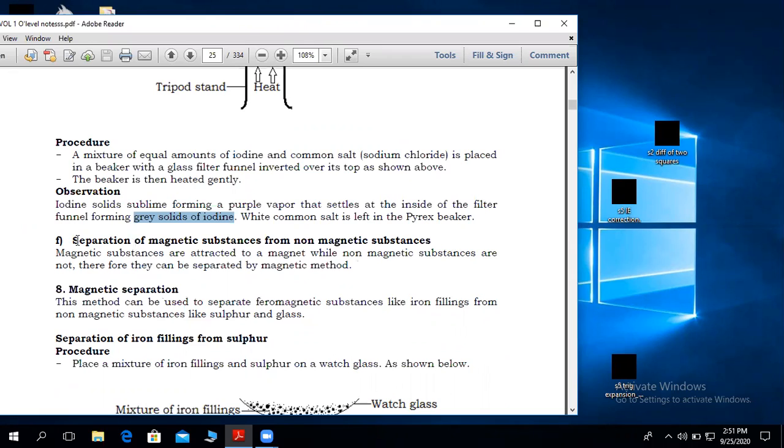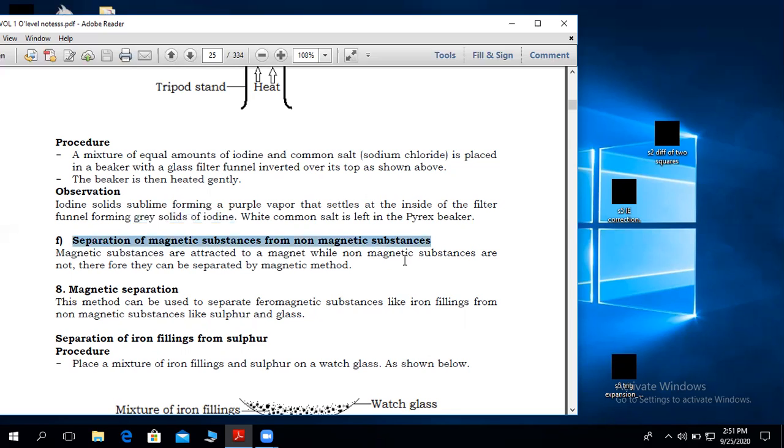And that method is by using a magnet. Separation of magnetic substances from non-magnetic substances. You may have two solids where one of the solids is attracted by the magnet and the other solid is not attracted by the magnet.